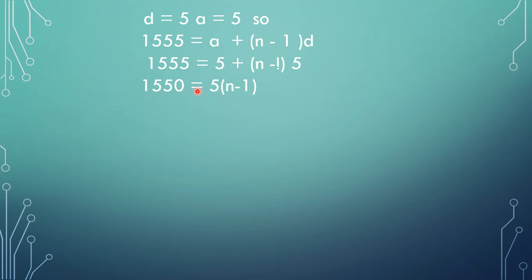So 1550 divided by 5 is n minus 1. When we divide this, we get 310. So 310 is equal to n minus 1. This minus 1 we will transpose to the left hand side, and it will become plus 1. So 310 plus 1 is 311.